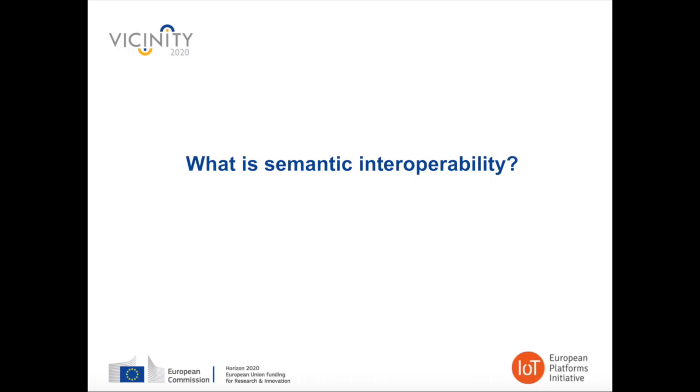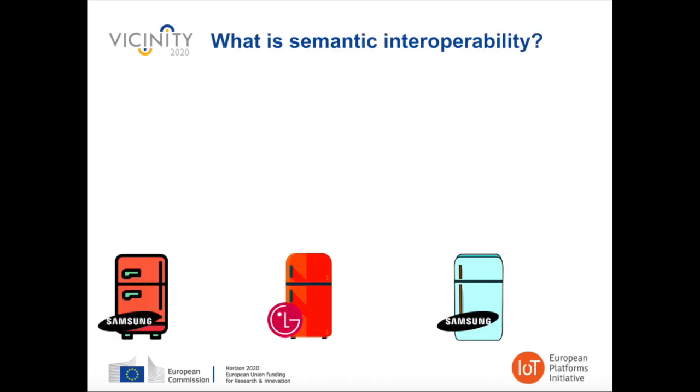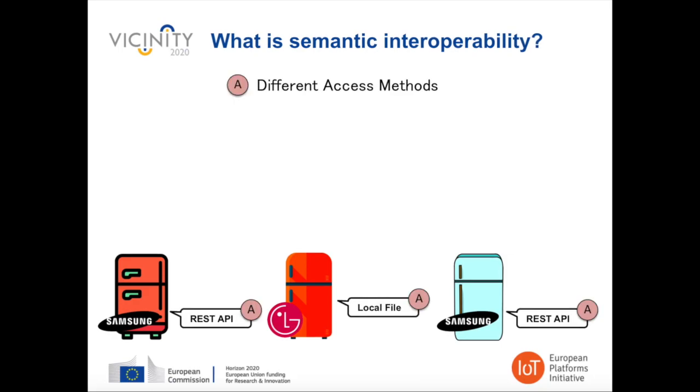Just imagine the next scenario. We have several fridges, each of them from different vendors. Now, these fridges expose data. The problem is that each one of them does that using different access methods. For instance, REST API, local files, or another REST API.